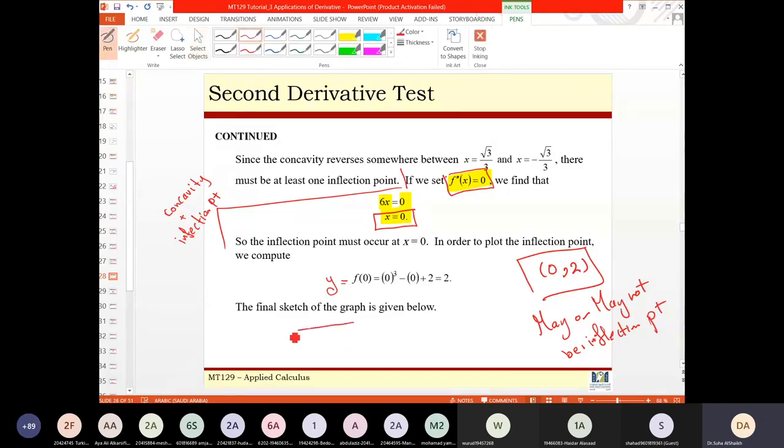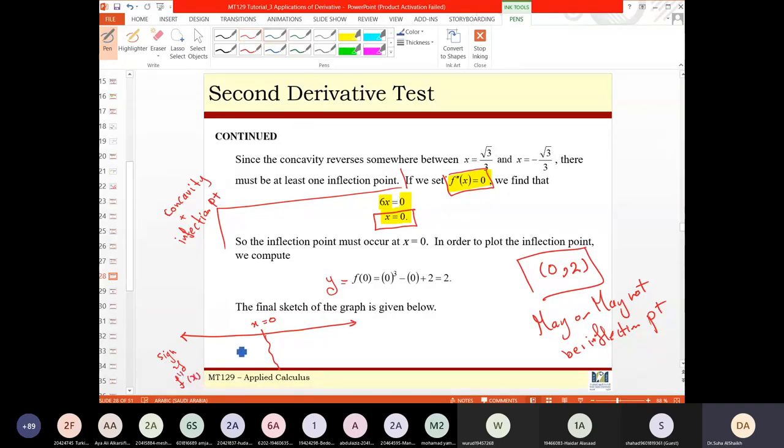So we draw the number line. The point is x equal to 0. And we will study the sign of f double dash of x.